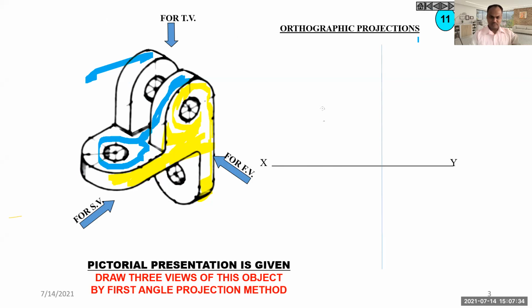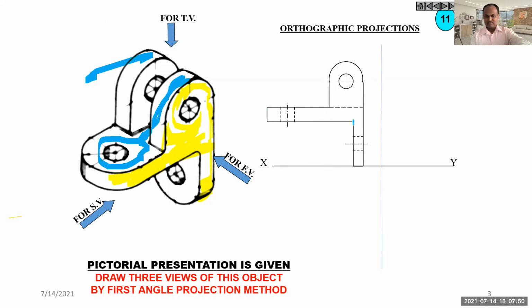So I'm going to draw that. You can see in front view, I'm going to show this portion only. The line will start from here. The semicircular portion will be there, and then there will be a small rectangular projection, and the bottom line will be like this. So this is your front view.